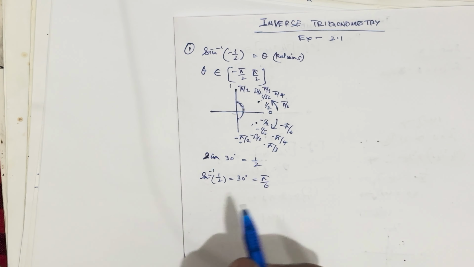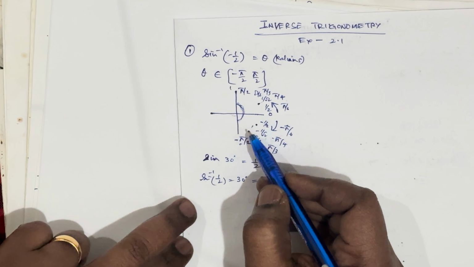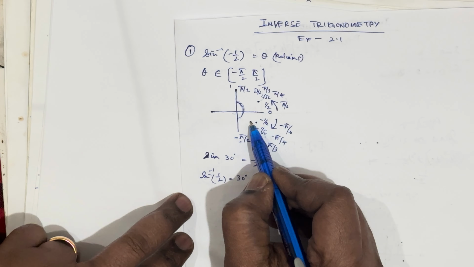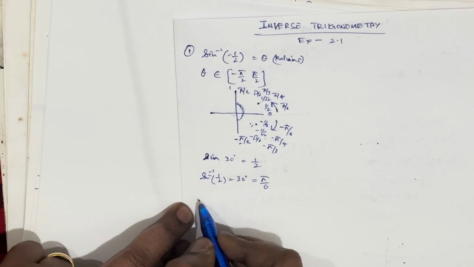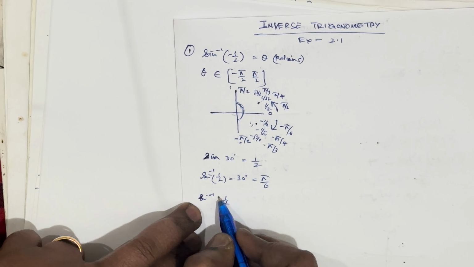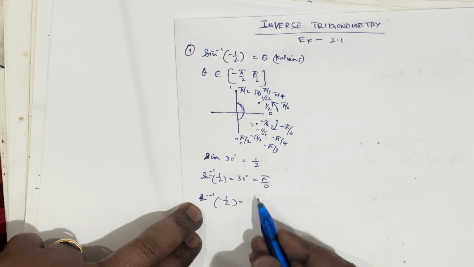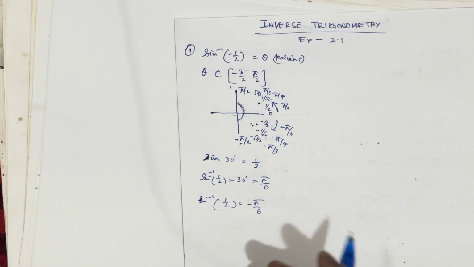And here in the question we have sine inverse minus 1 by 2, so it must be in the fourth quadrant. So we can write sine inverse negative 1 by 2 is equal to 30 degrees, and that is negative pi by 6.